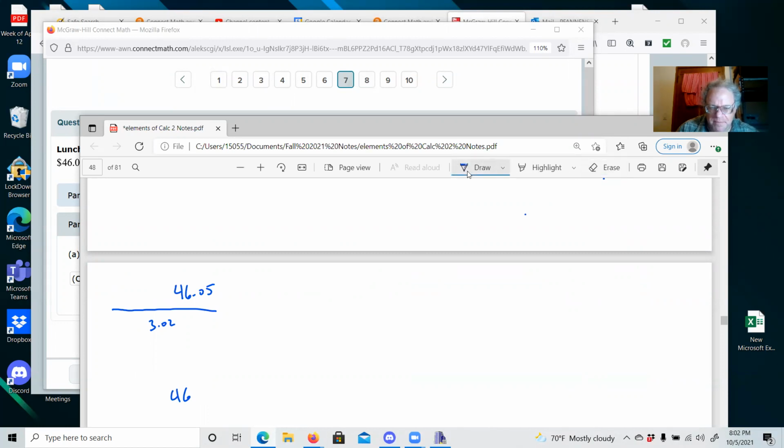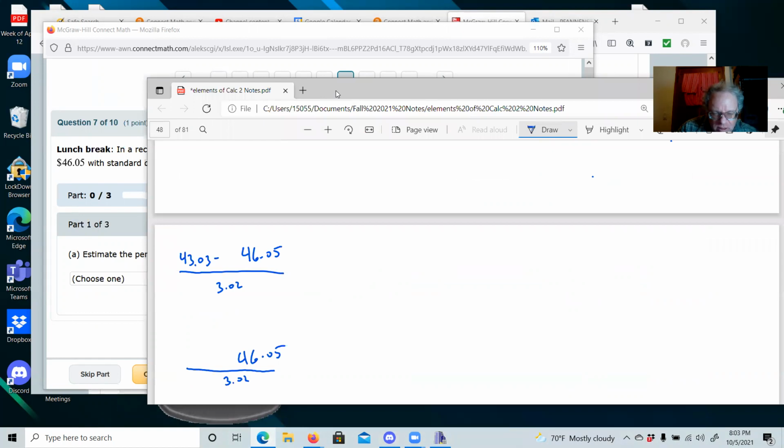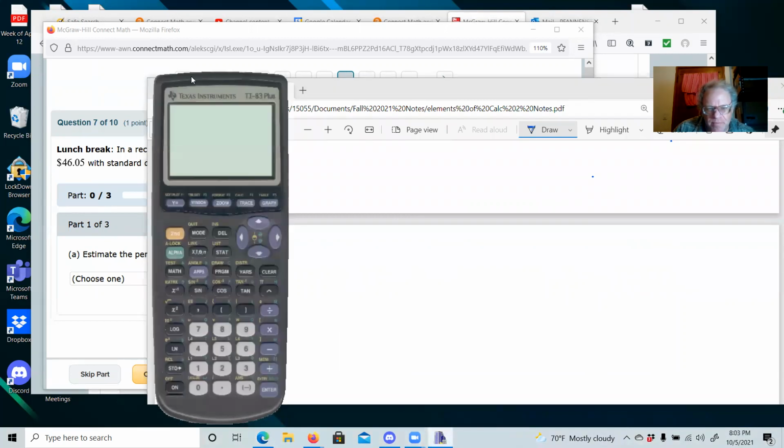What is with me tonight? And we're going to type these numbers in. So amounts between 43.03 minus, and then 49.07 minus. All right. And we're going to calculate these out.